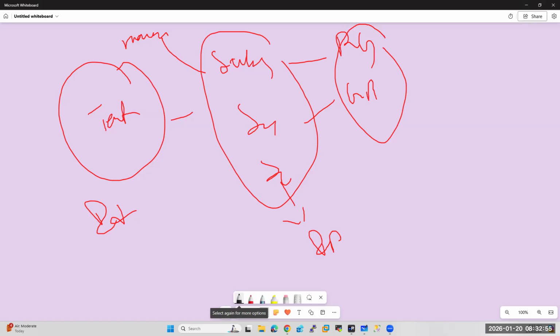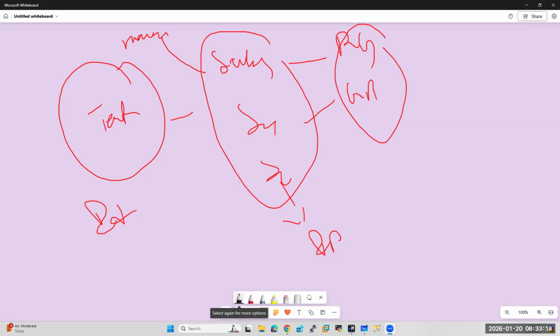You gave an example that Nike can create multiple tenants, multiple Active Directories, right? No, you can't create multiple Active Directories.